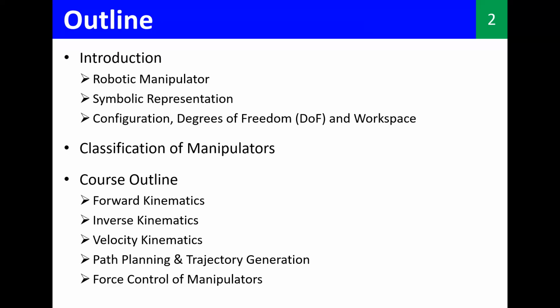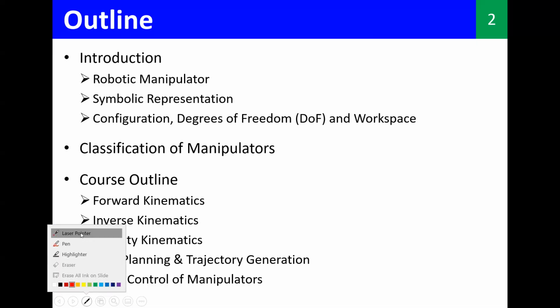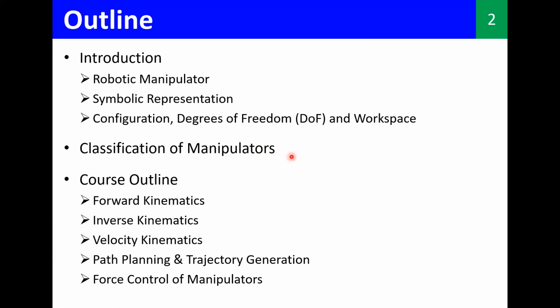After that, we will classify robot manipulators into different categories. Okay, and finally, we will go through the course outline, and the reason I kept it for the second lecture is actually, with the knowledge of robotic manipulators, it would be easier to understand these concepts, right?